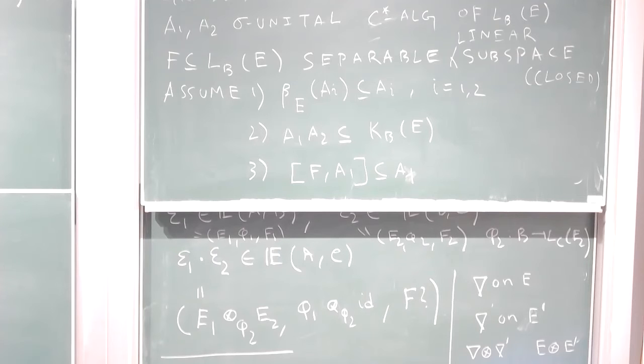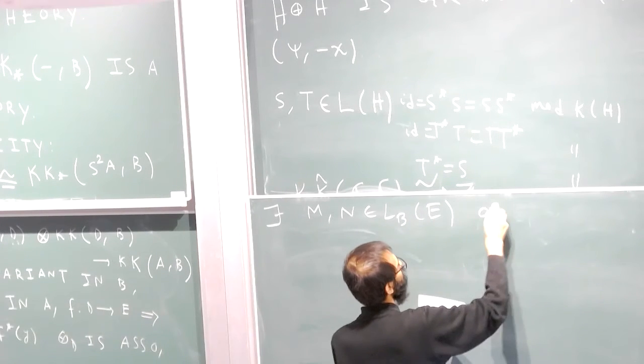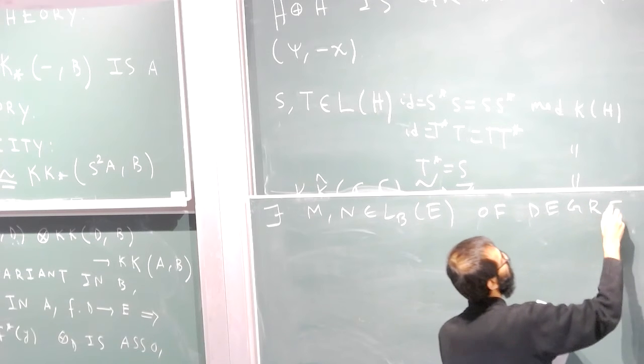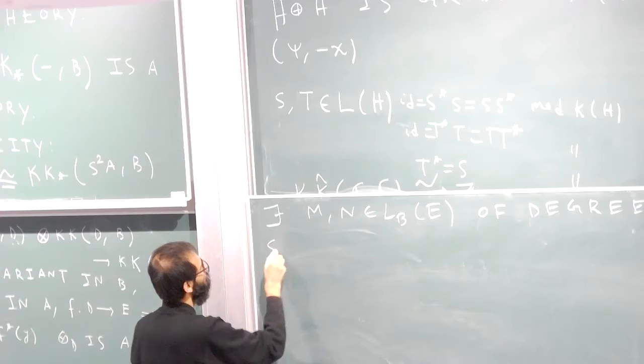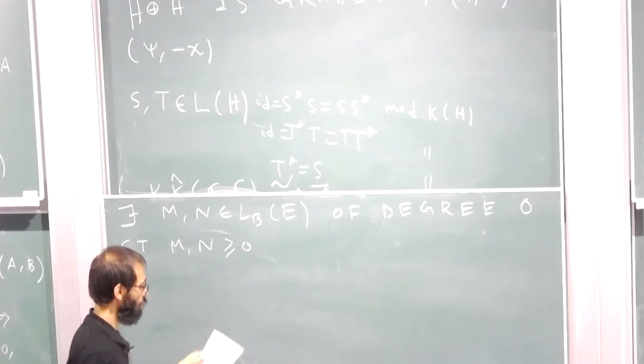Then there exist operators on E of degree 0, such that M and N are positive as you would want.